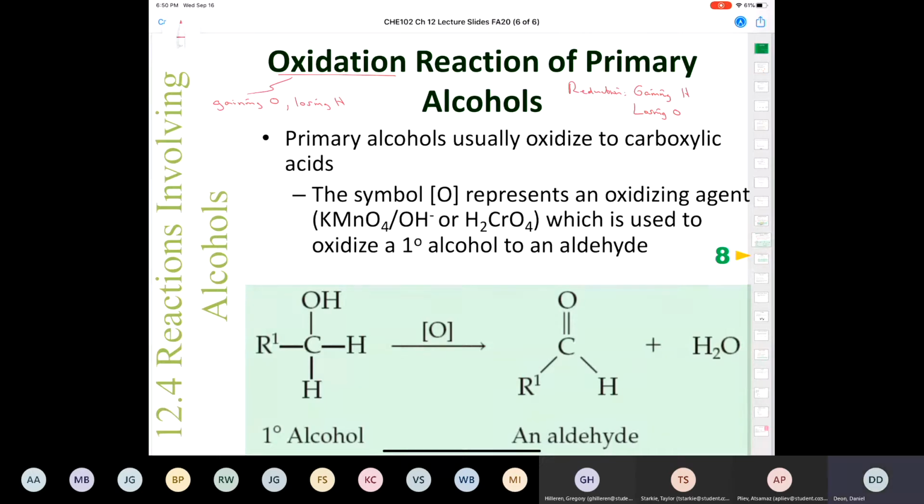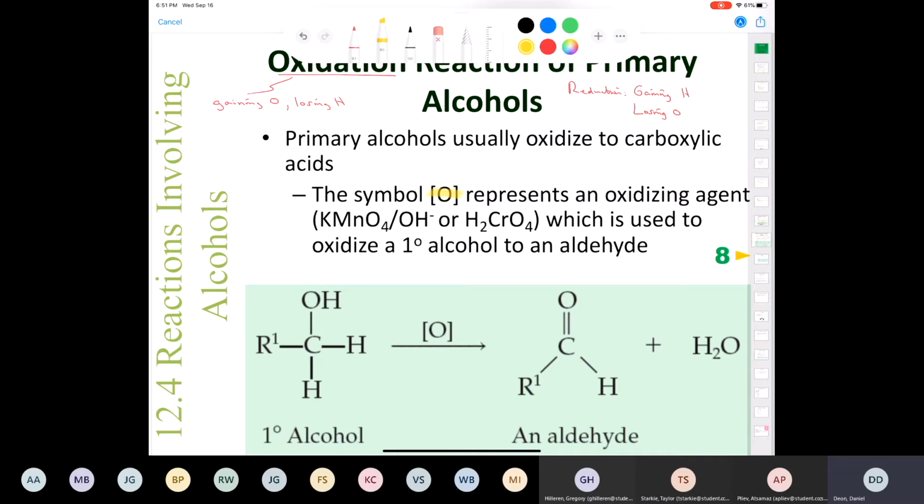All right. So it says here that primary alcohols usually oxidize to carboxylic acids. Here's a primary alcohol. We already discussed why this is primary, and it is because the carbonyl carbon only has one carbon attached to it. When you take a primary alcohol and oxidize it, we use the symbol O in square brackets to represent an oxidizing agent.